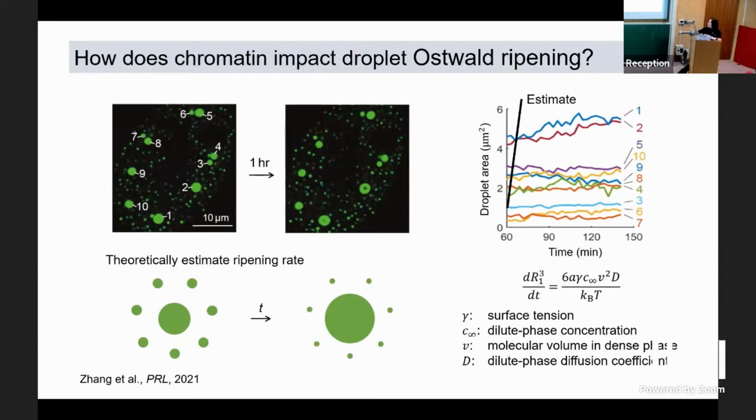And so that allows us to quantitatively estimate what it should be if it's really an Ostwald ripening dominated case. It turns out that the estimation goes way faster than what is really changing with the actual droplet.